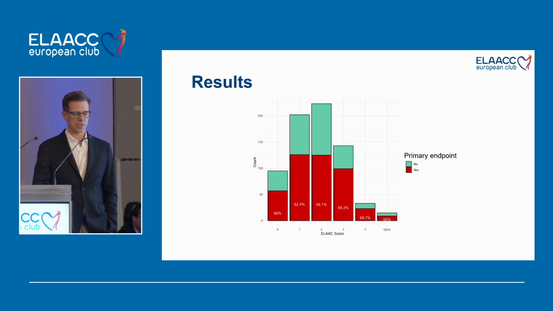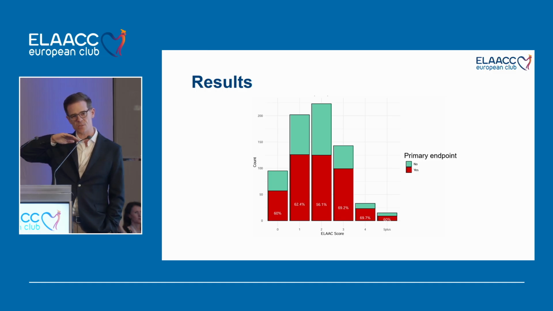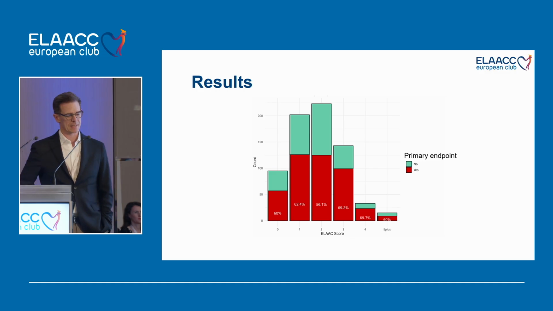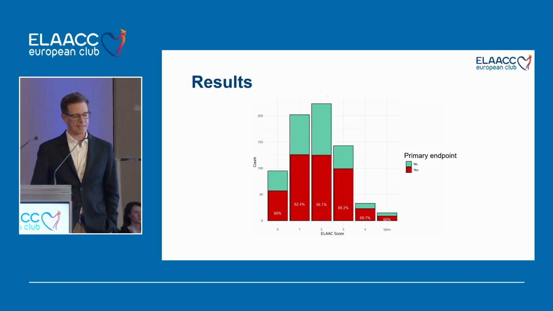And here you see the distribution of the primary endpoint as a function of the ELAACC score, and what you note is, of course, that there is not an increase, but actually that there's a decrease the higher the score gets, which already tells you that the predictive ability is obviously limited.